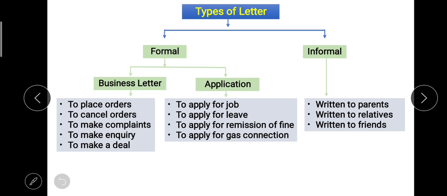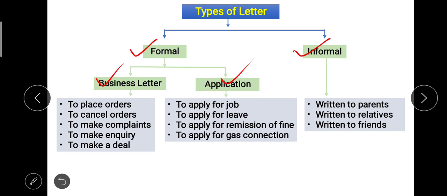Letter writing can be divided into two categories: formal letters and informal letters. Formal letters are also known as official letters and informal letters are also called social letters. Formal letters can further be put into two categories, that is business letters and applications.